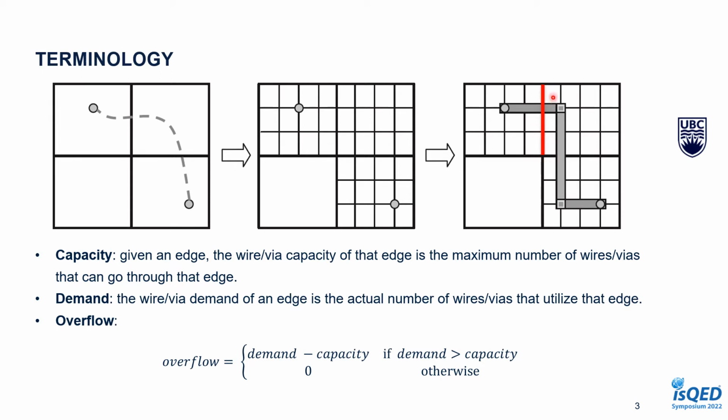Take this edge, for example, the demand of this edge is 1 because there's only 1 wire going through it. And we also have overflow. It happens when demand is larger than capacity, and it equals demand minus capacity. And if demand is smaller than or equal to capacity, it's 0.